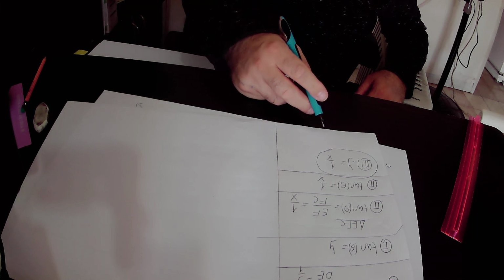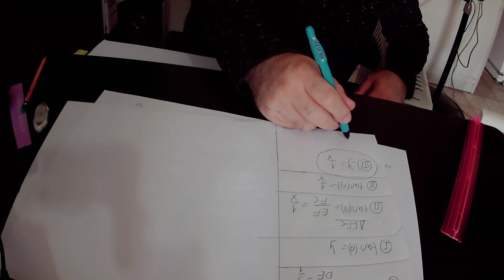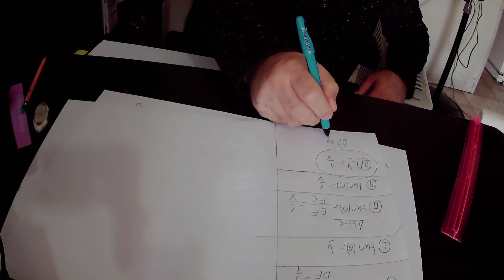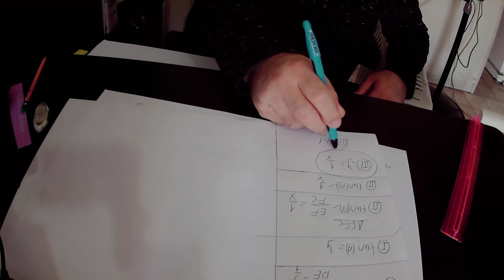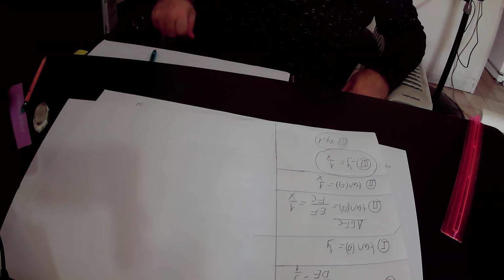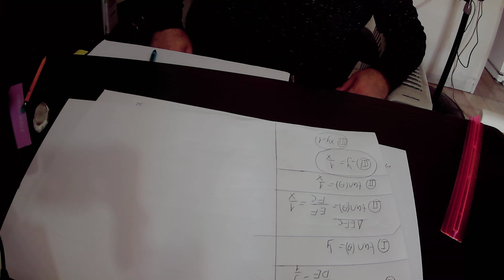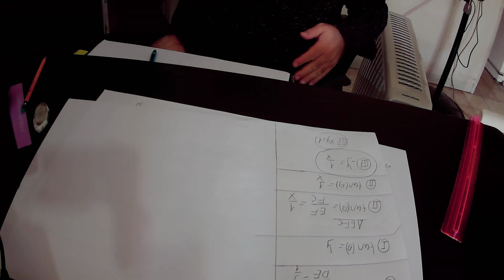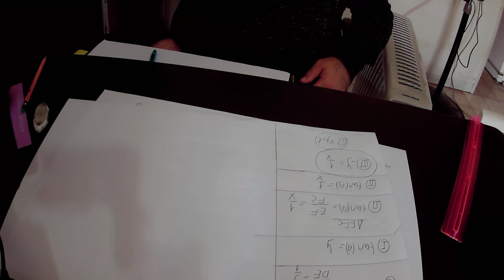If we multiply equation number 3 by X, we will get that X times Y equals 1. When the multiplication of two numbers is equal to 1, it means that each is the inverse number of the other.